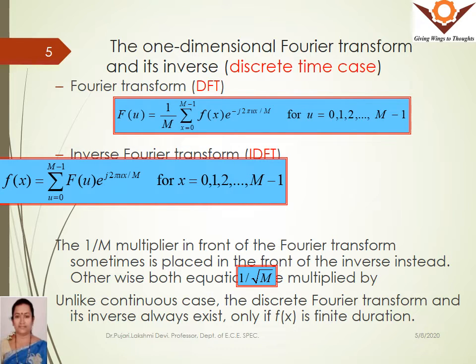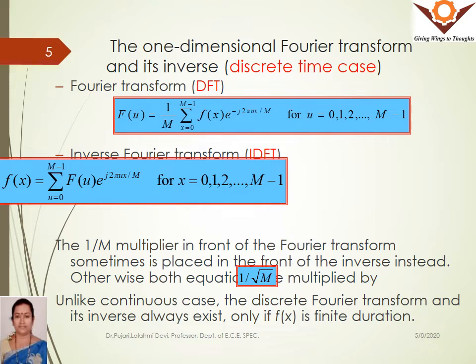This equation is valid for u in the same range, 0, 1, 2 and so on up to M minus 1. Then the inverse discrete Fourier transform of the one-dimensional signal is f of x equals sigma u equals 0 to M minus 1 of F of u exponential of plus j 2 pi ux by M. Because it is one-dimensional, the total equation is divided by M only.